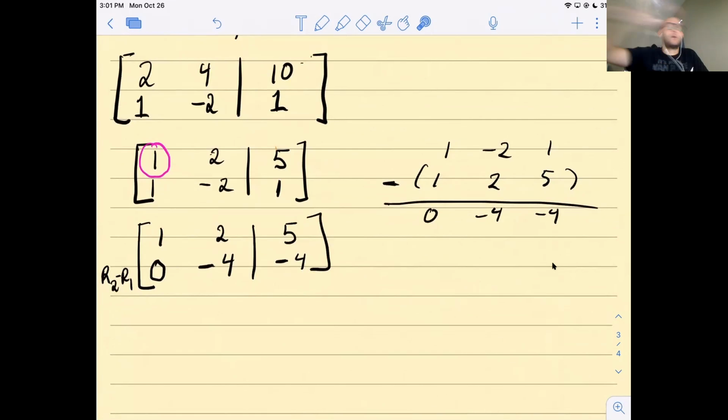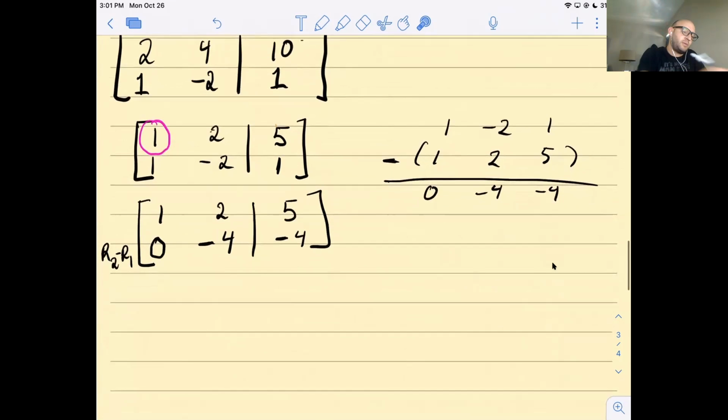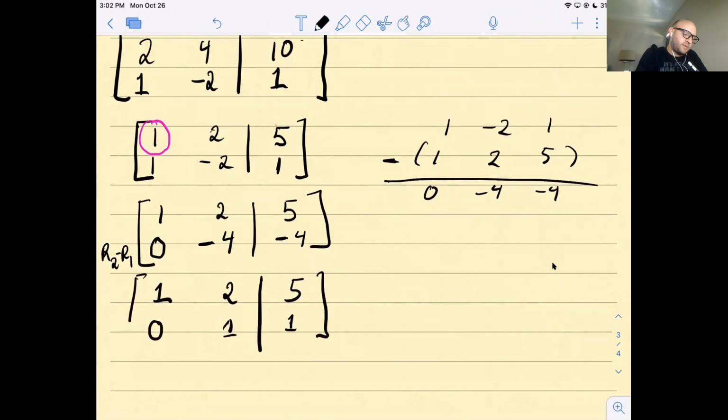And then we can now divide the second row by negative 4. And there'll be one more step at the end. So we have 1, 2, 5. And now we have 0, 1. And negative 4 divided by negative 4 is also 1. So we have R2 divided by negative 4.